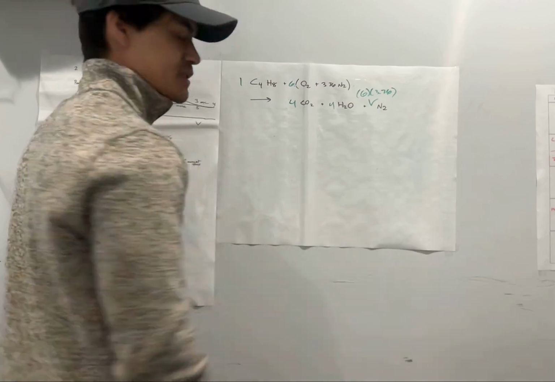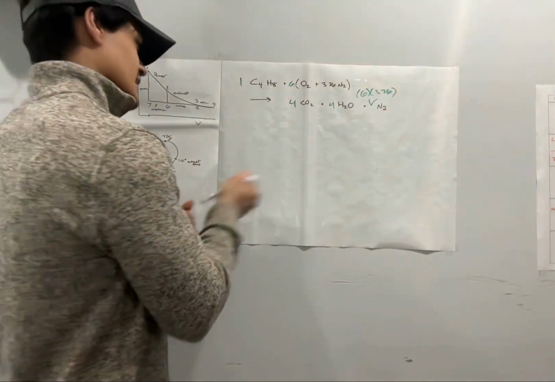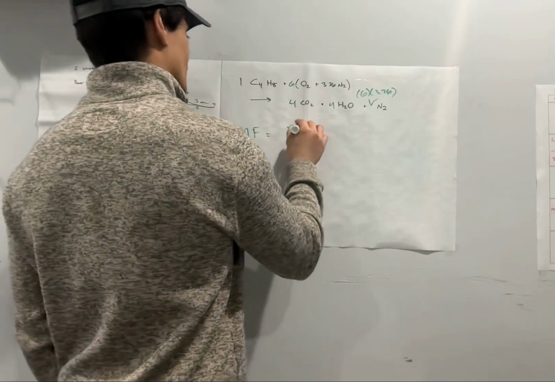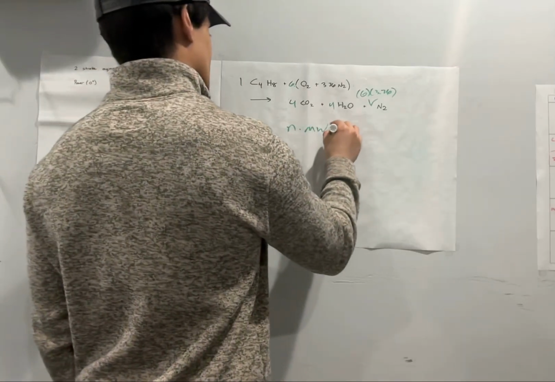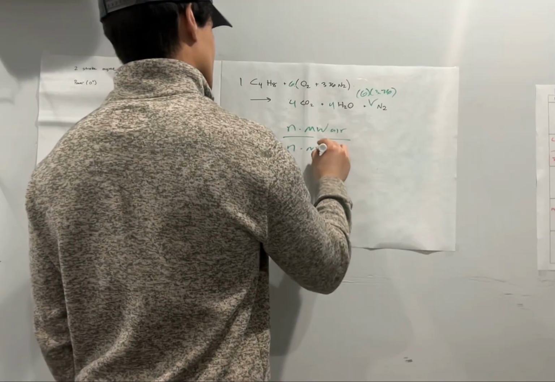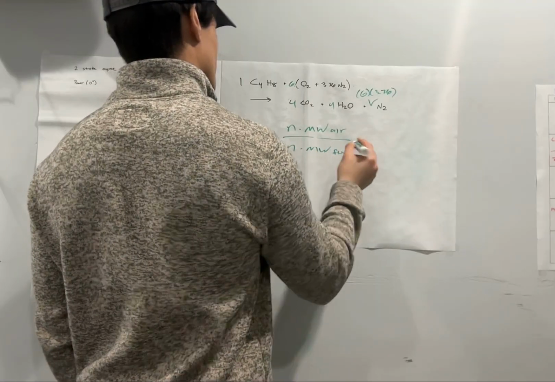So then we get the air-fuel ratio. Again, let me repeat this. Air-fuel ratio is number of moles times molecular weight of air over the number of moles times molecular weight of fuel.